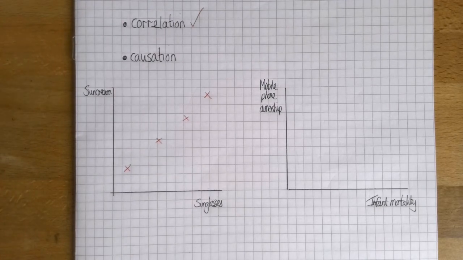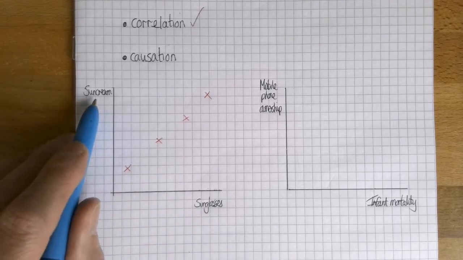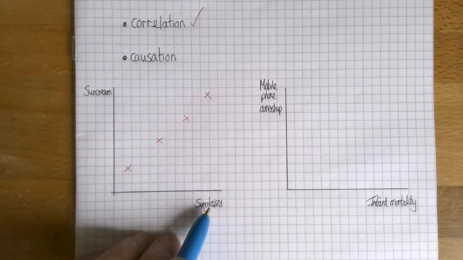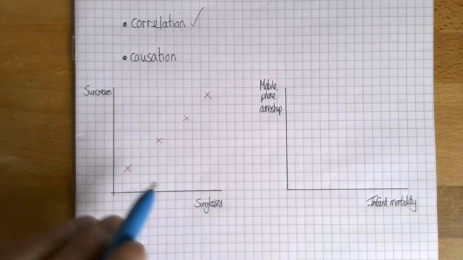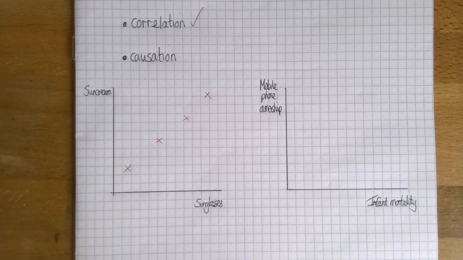Does that mean, though, that buying sunglasses is in some way causing people to buy sun cream? Or buying sun cream is somehow causing people to buy sunglasses? If you buy sun cream, are you forced to buy sunglasses? And I don't believe that's true. I don't believe that one is causing the other.